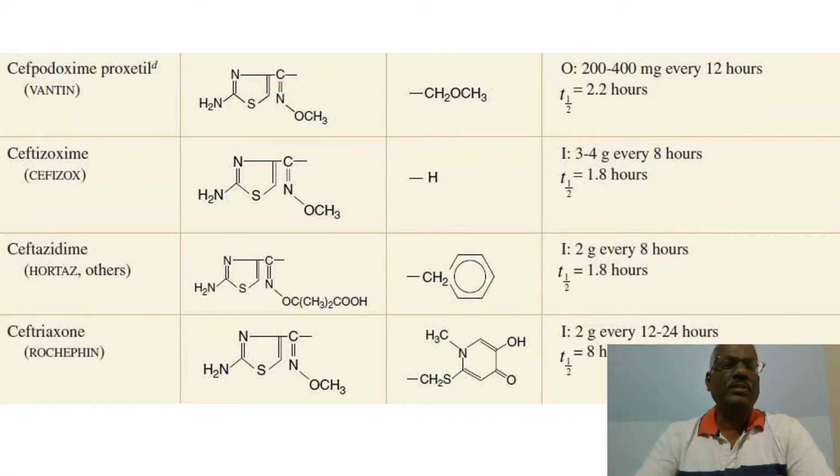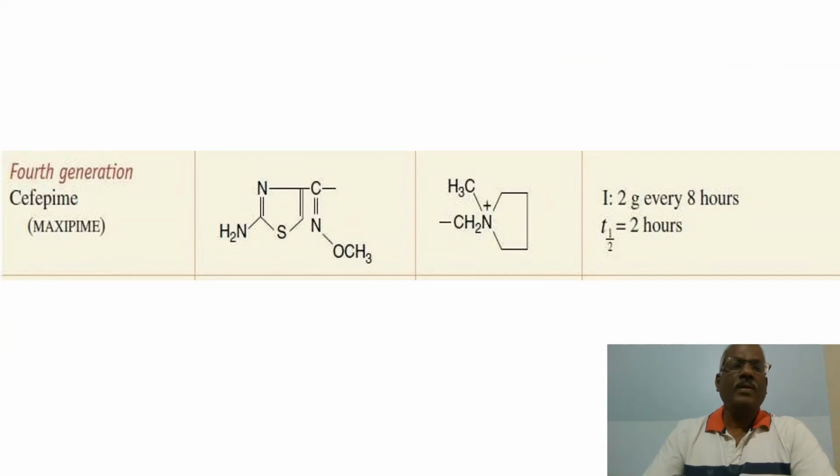Cefotaxime proxetil, ceftizoxime, ceftazidime, and ceftriaxone are all other third generation cephalosporin derivatives which have to be given only in the form of injection, except cefotaxime. And if you go for fourth generation cephalosporin, this is cefepime.